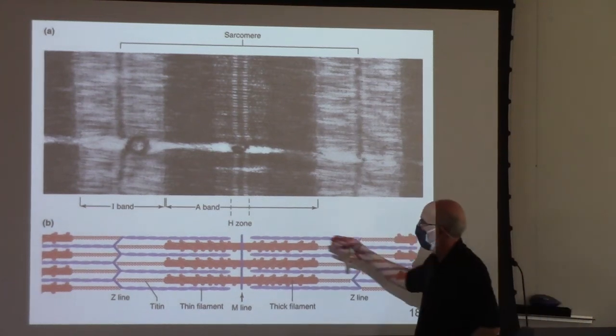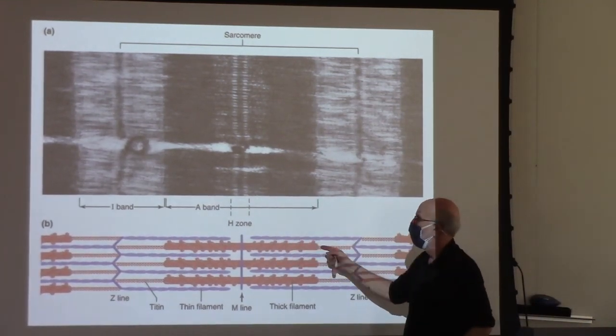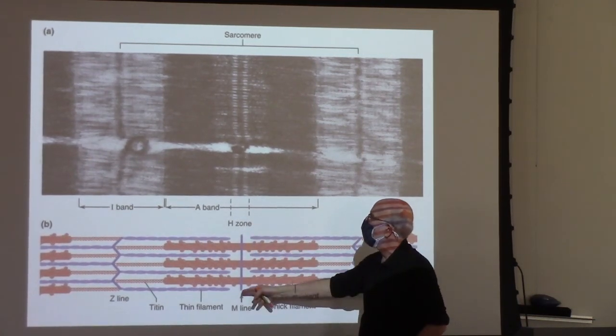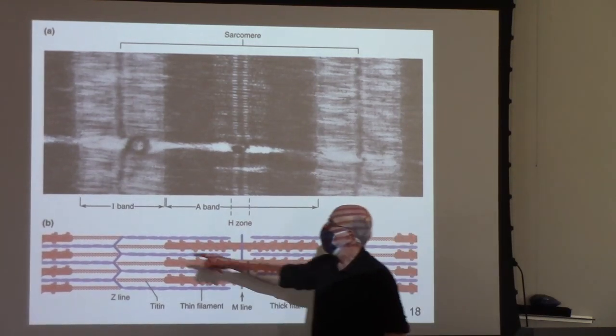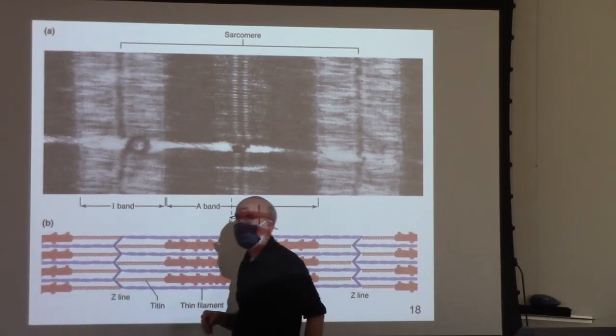Z disc, M line. Actin, thin filament. Myosin, thick filament. Around the M line is a zone called the H zone. Around the Z line is a zone called the I band.